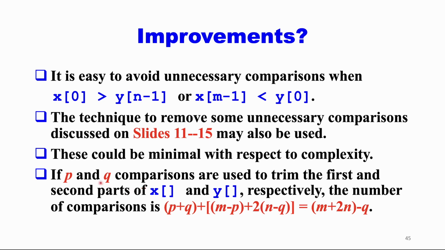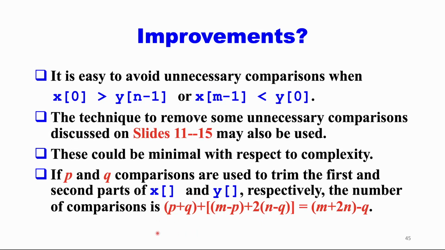For example, if we use P comparisons to cut the first section and Q comparisons to cut the last section, the remaining section in X would be M minus P, plus the section N minus Q multiplied by 2 in the Y section.